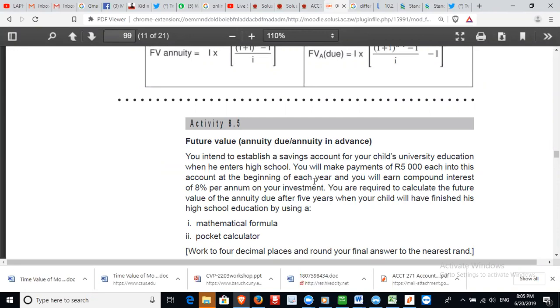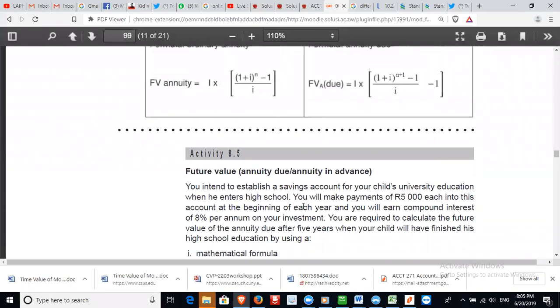You are required to calculate the future value of the annuity due after 5 years, when your child would have finished his high school education. So using this formula, let's calculate the annuity due.